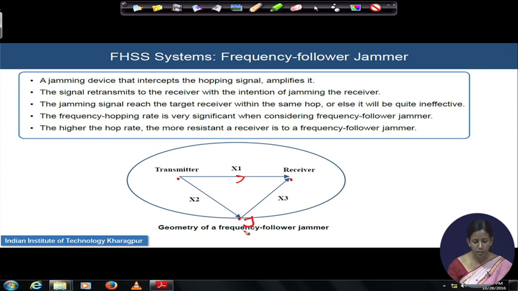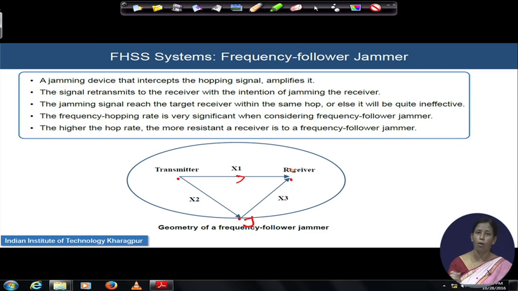Now, to be a successful jammer, for efficient jamming, you have to reach the receiver within the same hop where the transmitter signal is transmitting. Such jammers we call frequency follower jammers, and the underlying assumption is that the jammer could crack the PN sequence code that you are using to hop in the transmitter.